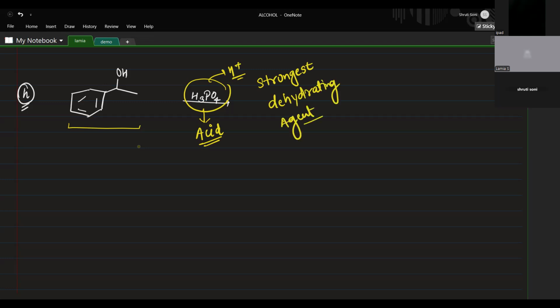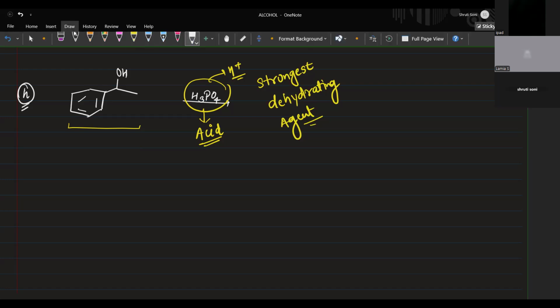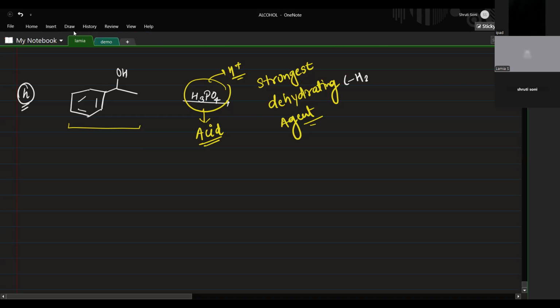What does dehydrating agent mean? Removing hydrogen? Or dehydrate, because of water, right? Yes. So removal of H2O is dehydrating.